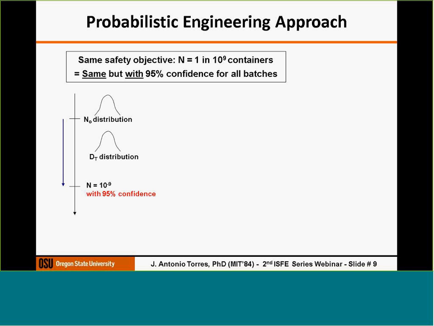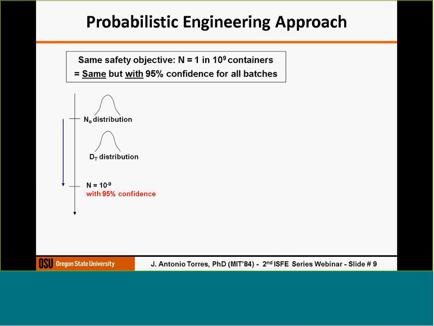If we look again at our schematic description of the problem, now we have an N0, but instead of an N0 value, now we have an N0 distribution. So we've been measuring the load of batches coming to production and have an idea how the N0 varies from batch to batch.